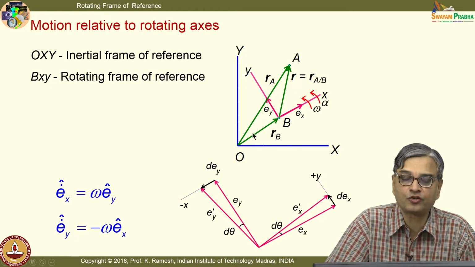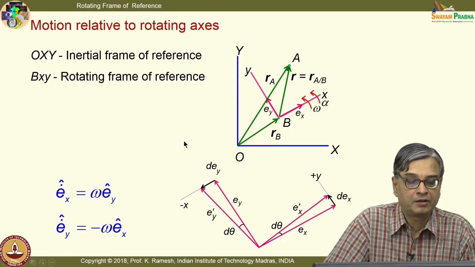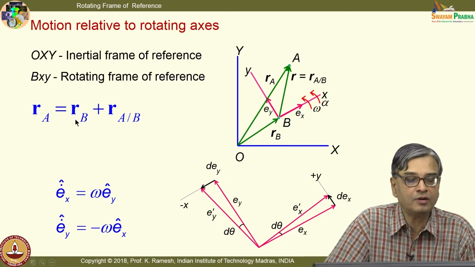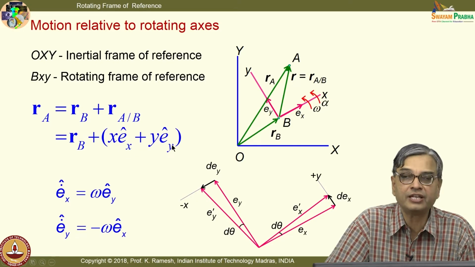Make a neat sketch of this. I have an expression R A equal to R B plus R A with respect to B. So, I can write R B and then this I can write as x E x plus y E y.